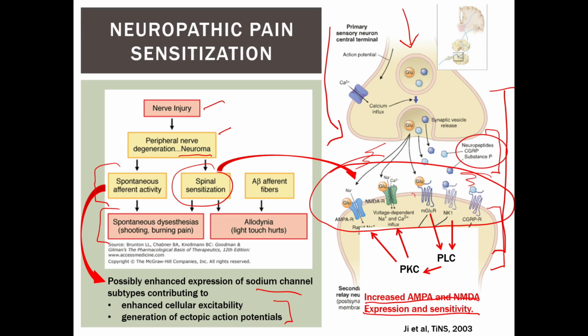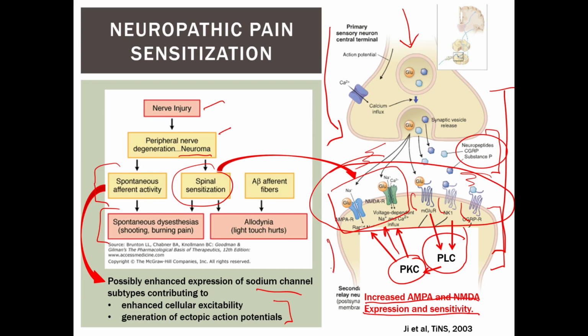And so when these receptors, the metabotropic glutamate receptors, the neurokinin receptors, the CGRP receptors are activated, these are G protein coupled receptors. When their signal transduction pathways are activated, there's a change in biochemistry, an activation of protein kinase C that ultimately leads to an increase in AMPA and NMDA type glutamate receptors in the spinal cord, enhancing the excitability of this spinal neuron.